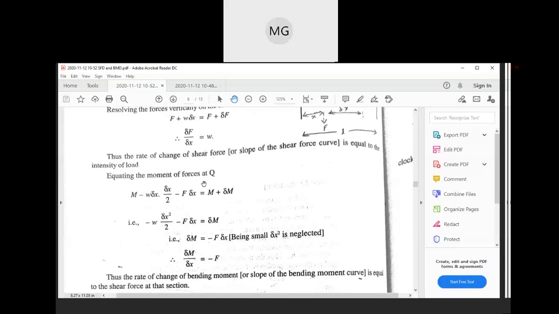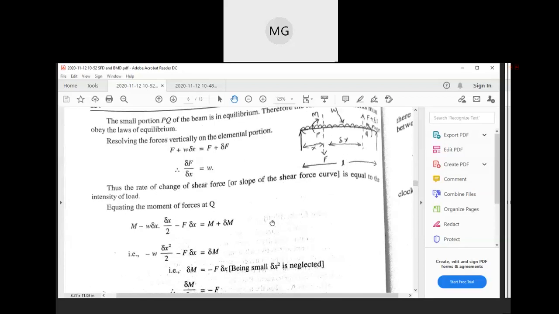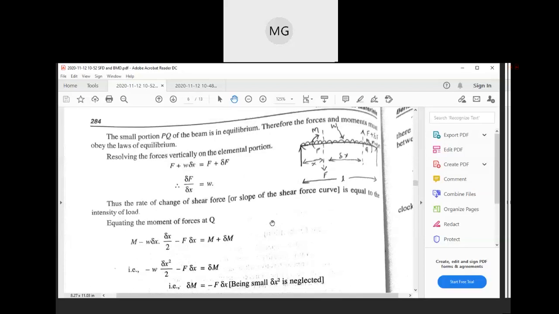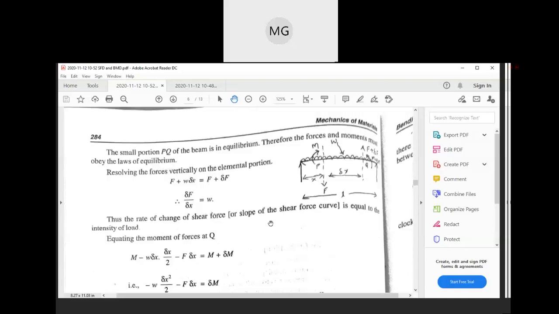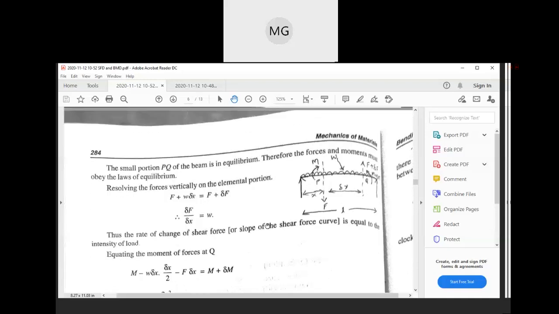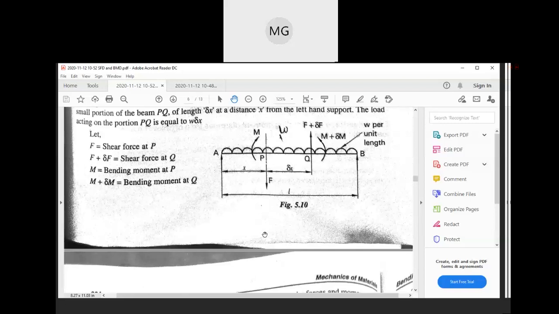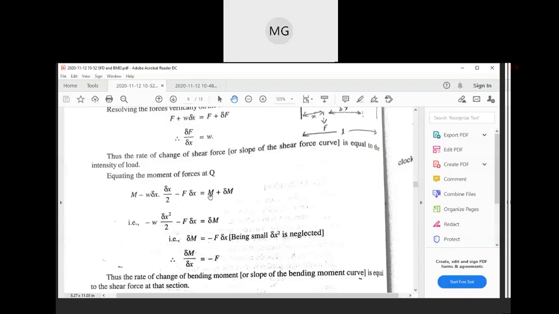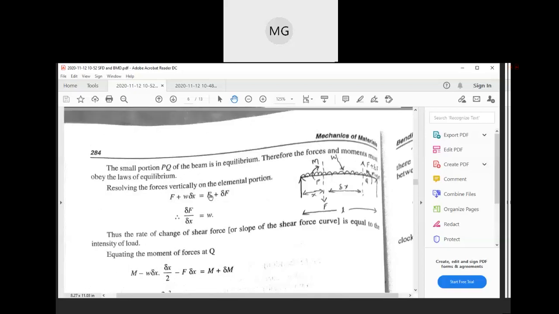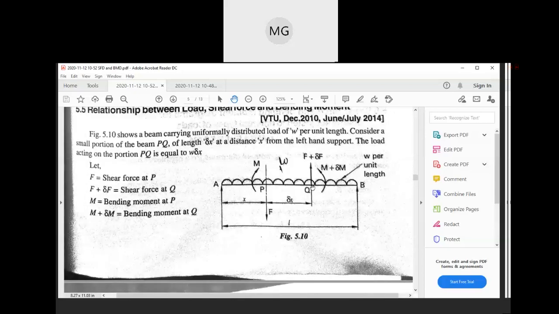Next, equating the moment of forces with respect to Q. Now here this couple is acting on the left side, so the effect of this moment is sagging.